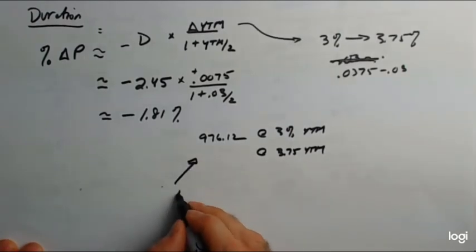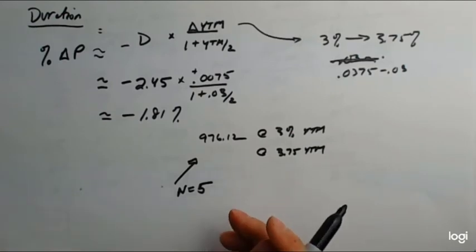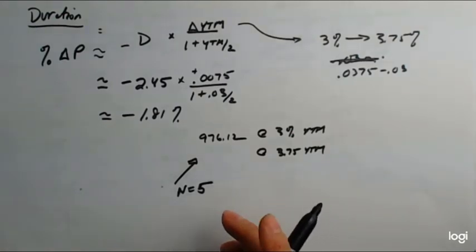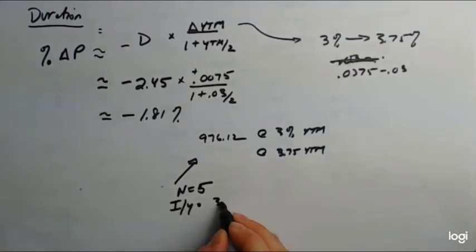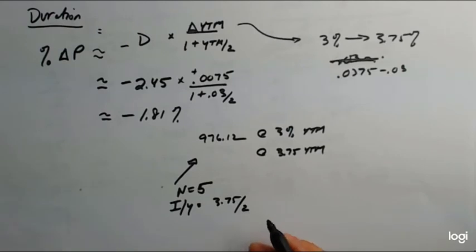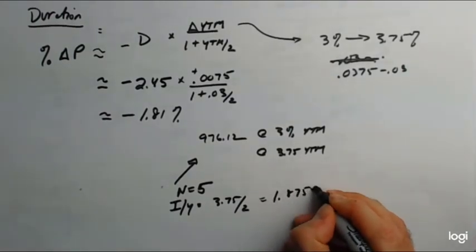Well, it's going to be N equals 5, right? There are 5 semi-annual periods over the 2.5 years. We're going to have I/Y, which is 3.75 divided by 2, that's going to be 1.875%.